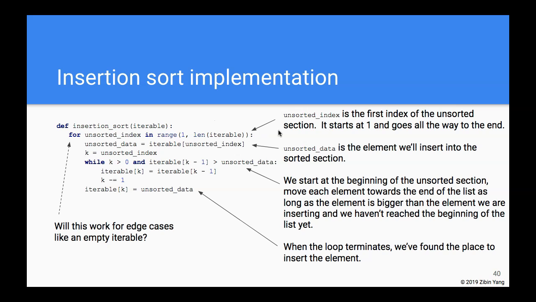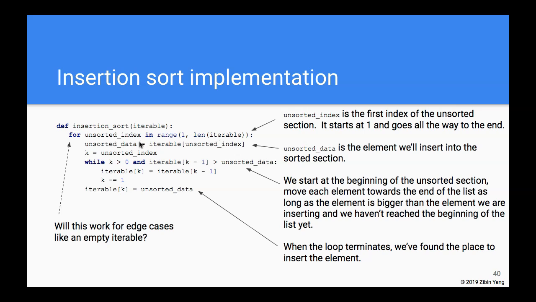And the very first index at which the unsorted portion starts is at 1, right? Because remember, if there's a single element, the single element at 0, it's sorted. So we start at 1, and unsorted index is the first index of the unsorted section.